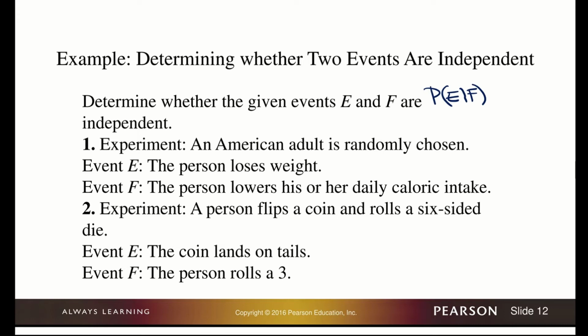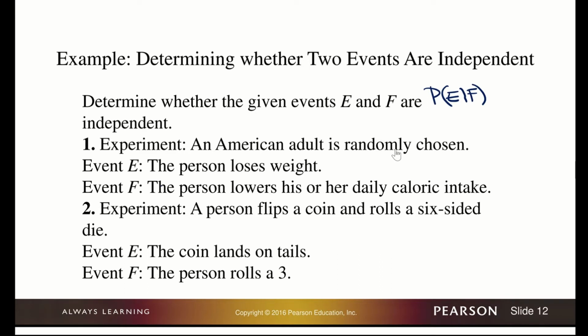Well, let's see. Remember, you have to look at event F first, right? Because this is the event that we're assuming has already taken place before looking at event E. Now, think about it. If the person lowers his or her daily caloric intake, is that going to have an influence on the person losing weight? Common sense tells us that it should, right?